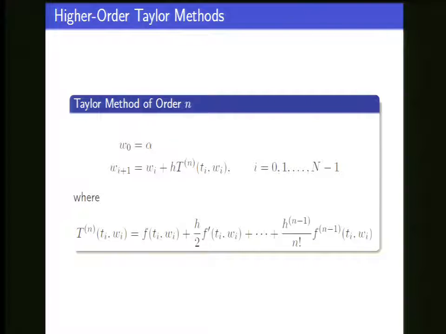So let's write them out. It's going to be 0 plus 1 times f. That's it. Or cleaning up, this was a little too easy. It's really just wi plus h f plus h squared half, again f.